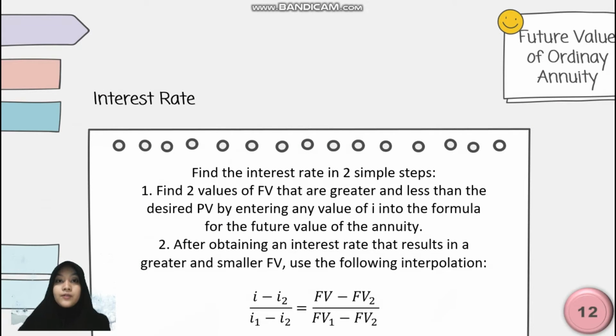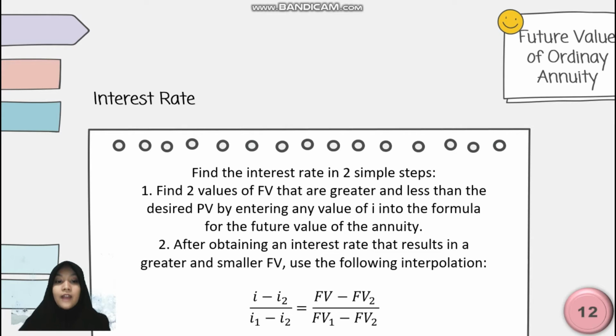Same as finding the present value, to find the interest rate from the future value there are two steps. First, find the future values that are greater and less than the desired future value by entering any value of i into the formula for the future value of the annuity.